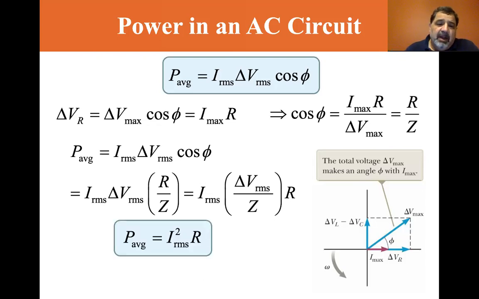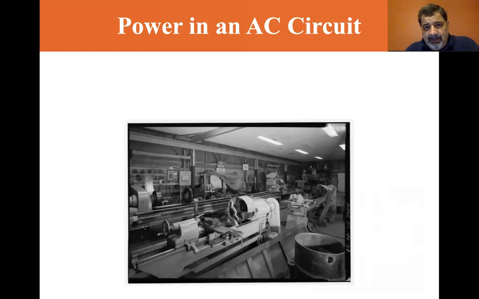So the average power is equal to IRMS squared times R, which we already know from our DC, P is equal to I squared R. Okay, and we also know that power is equal to I delta V, so P average is equal to IRMS delta VRMS.